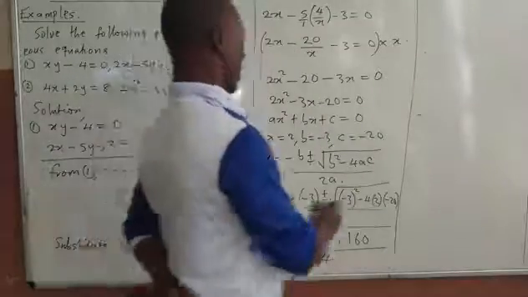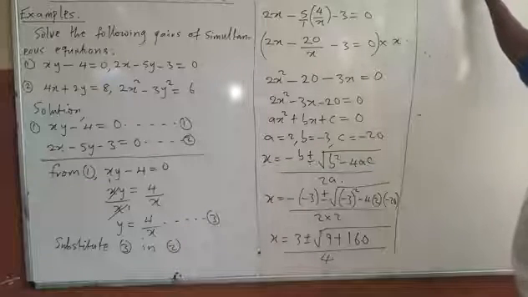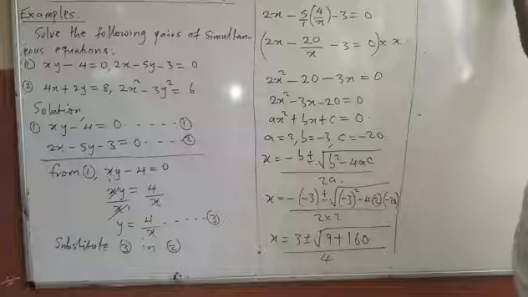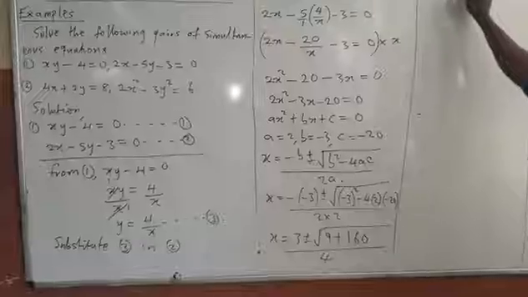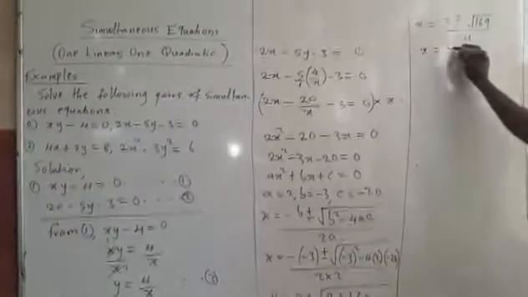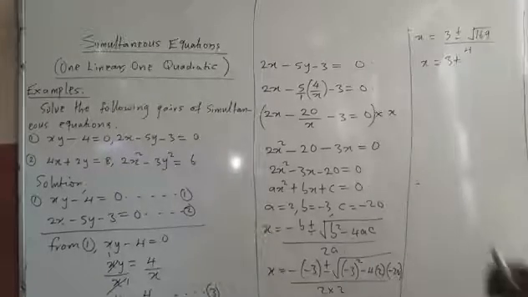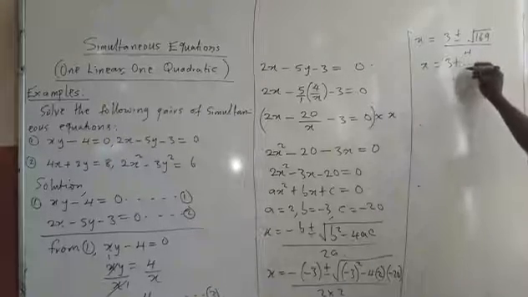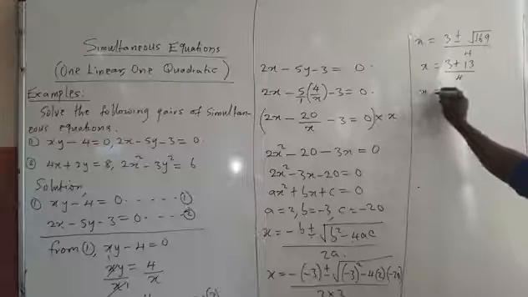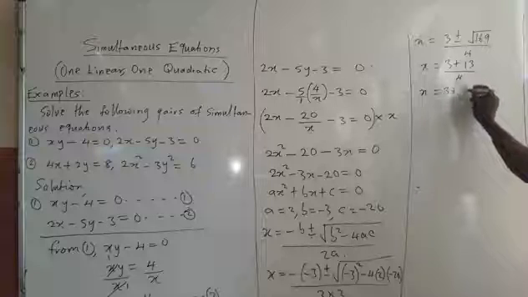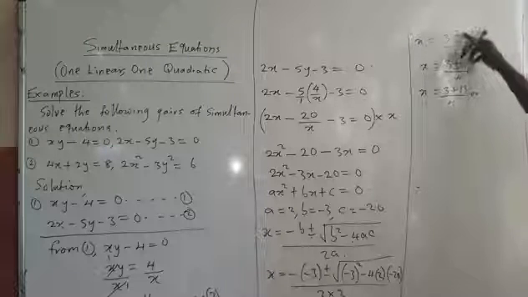After that, we are going to simplify further as x equals 3 plus or minus square root of 169 all over 4. The square root of 169 is 13. So we have x equals 3 plus 13 over 4, or 3 minus 13 all over 4, that is plus or minus.